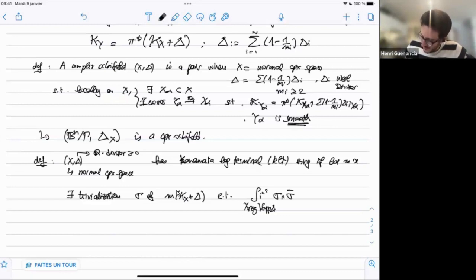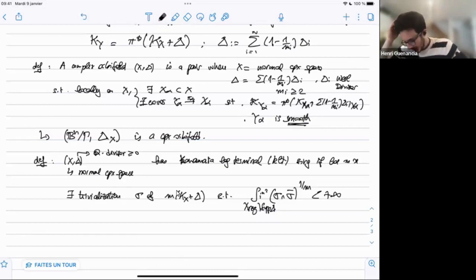This is not quite a volume form, but I have to take m-th roots, and this behaves like a volume form, so I can integrate it over, let's say, a germ of any single point of X, and I want this to be finite. Okay, so since I remove delta, I can view sigma as m-polynomial forms with poles along delta. So I can integrate it.